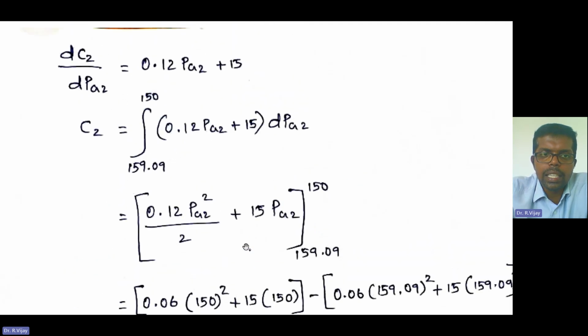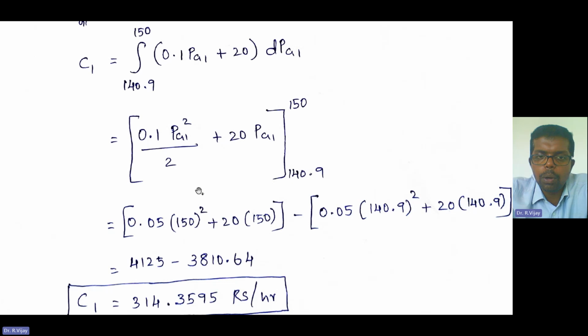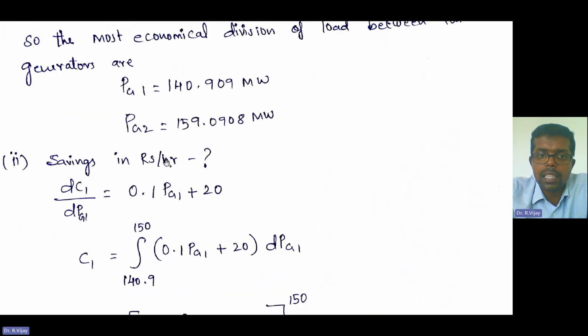Similarly, we need to calculate C2. So dC2 divided by dPG2 is equal to 0.12 PG2 plus 15. Here we want only C2, so we are integrating. C2 is the integration from 159.09, which is the PG2 value we got as 159.0908.